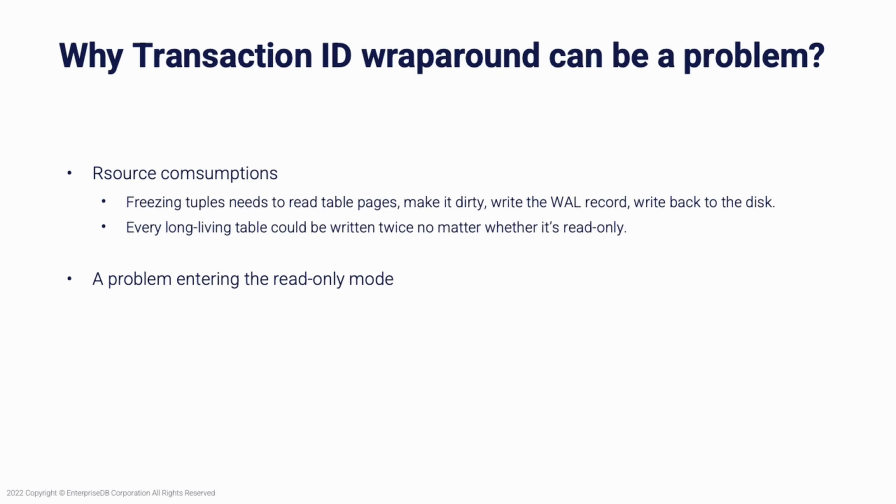Also, we need to write WAL for that, and freezing is indispensable regardless of how the table is used. I mean, no matter how the table is updated or not. For example, we need to freeze XIDs even on completely static tables.